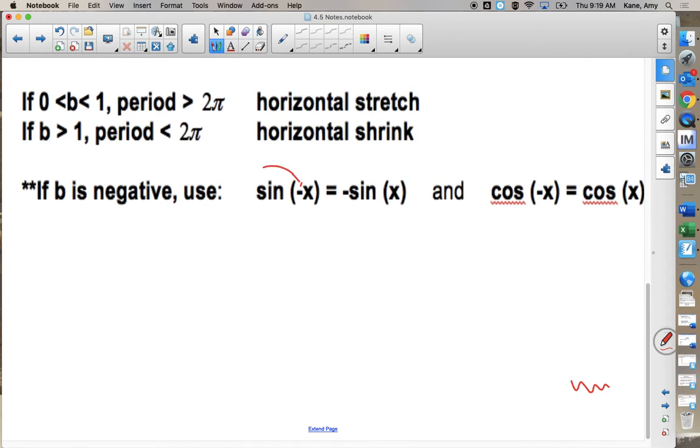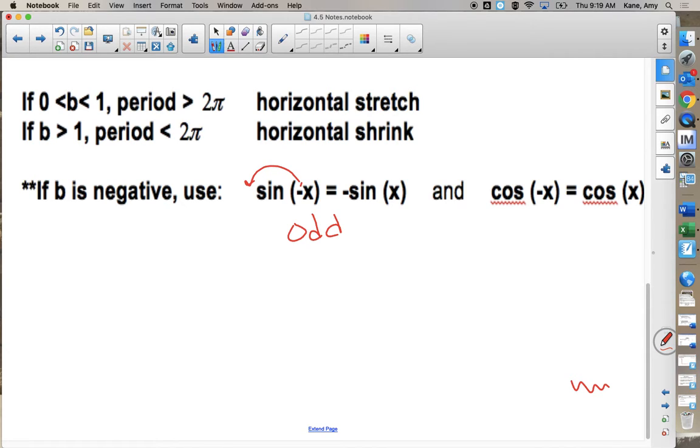Instead, we pull that negative sign out in front of the function sine. And that's because the sine is an odd function. And odd functions change from being positive to negative in the opposite quadrants. Odd functions are opposites in a plus versus a minus. Odd functions are opposites in the quadrant they're in, and they have that original symmetry.